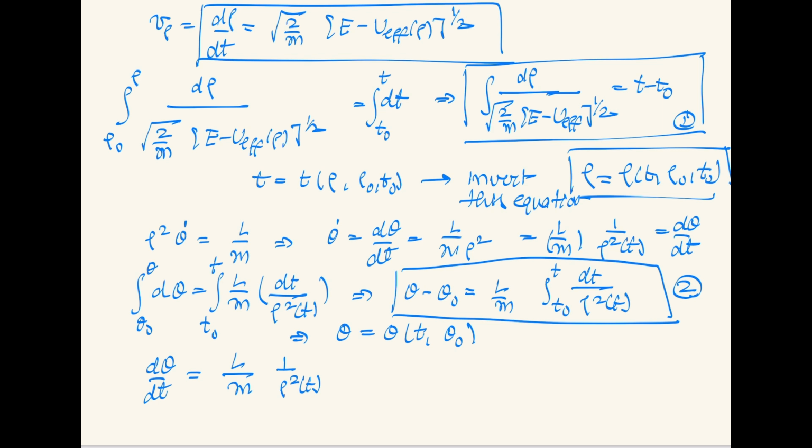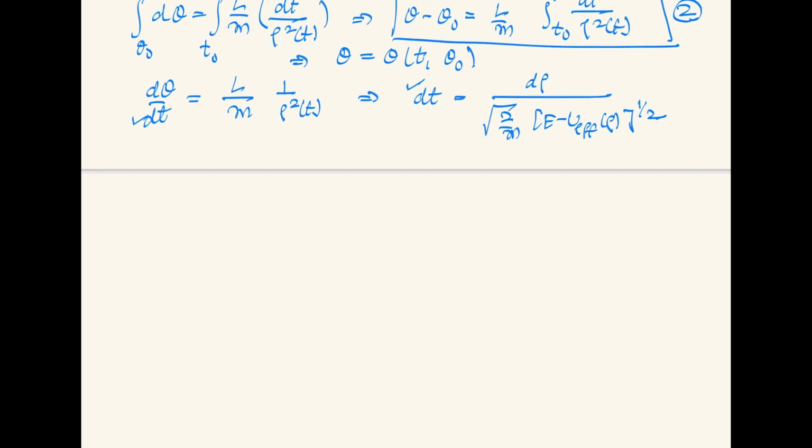Okay, and what does that tell us? That tells us that I can write this as dt is equal to d rho divided by square root of 2 by m times E minus U effective of rho, raised to the power half. Substitute for dt over here. Then what do I get?